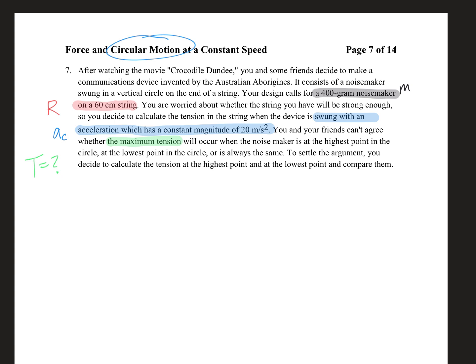Last time we used the capital letter T, it was for period, a time for one complete revolution. But as you will see in pretty much every physics textbook in this galaxy, we will use capital T for tension when we're dealing with forces. So we'll use capital T for period, a time unit. We'll use capital T for tension in a string or a force when we're dealing with forces.